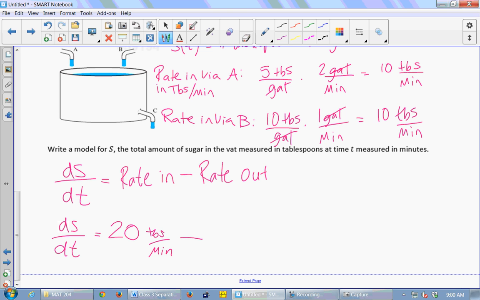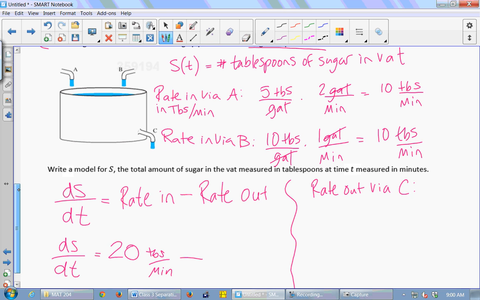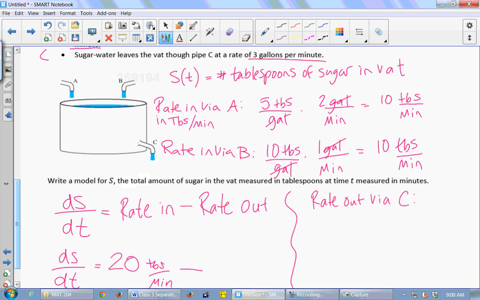Then I have to figure out how fast it's leaving via pipe C. I'm trying to measure this in tablespoons per minute, so maybe I'll do my side work for the rate out via C over here. For pipe C, they only gave me gallons per minute, because we don't know how much sugar is in there.